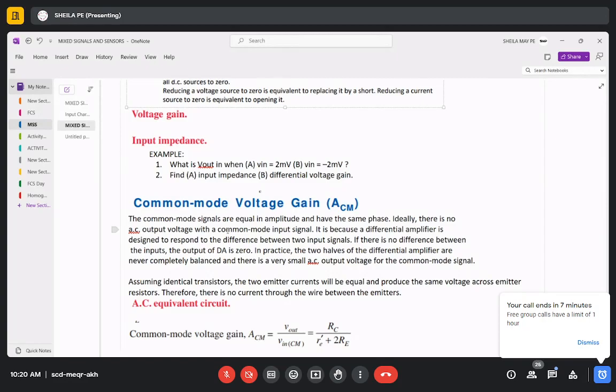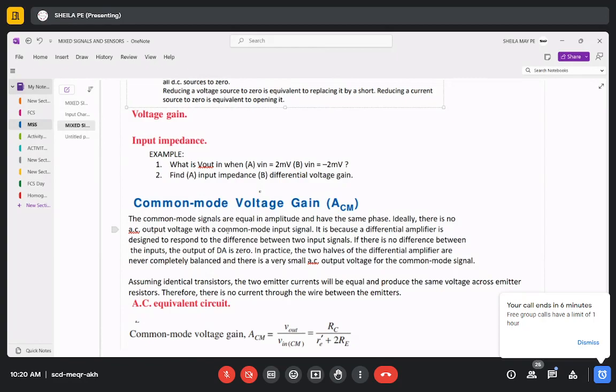That's A and B. So, unsa itong ipahita? Si V out. Okay? Ang formula ni V out, what's the formula of our V out? Right now, I can think of two.